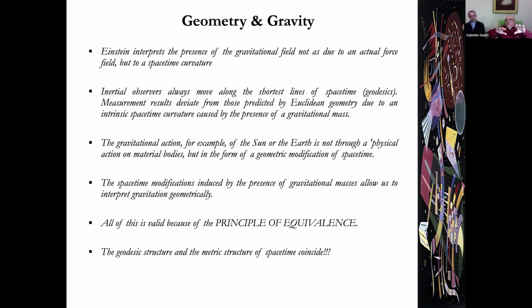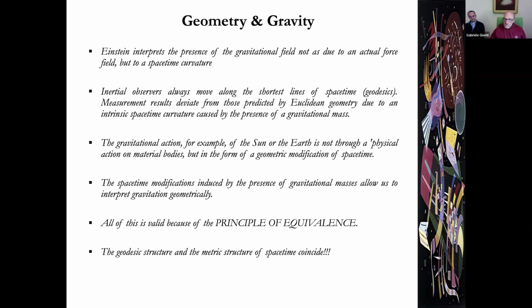That means space-time is modified by the presence of massive bodies or energy, so the gravitational force is encoded in the structure and curvature of space-time. This modification induced by gravitational mass allows us to interpret gravitation geometrically. All this is a consequence of the principle of equivalence.